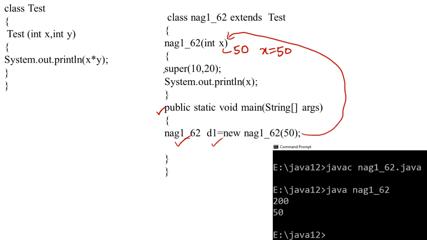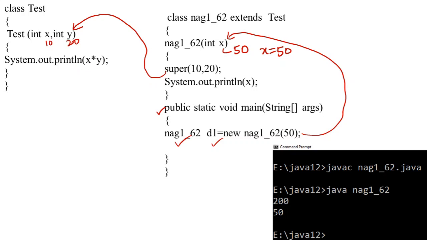This is the super method. What is the purpose of the super method? We can call the superclass constructor from the subclass constructor. This nog1_60 int of x is the subclass constructor, whereas test int x comma int y is the superclass constructor. The super method is useful to call the superclass constructor. Therefore, 10 and 20 will be copied to x and y.